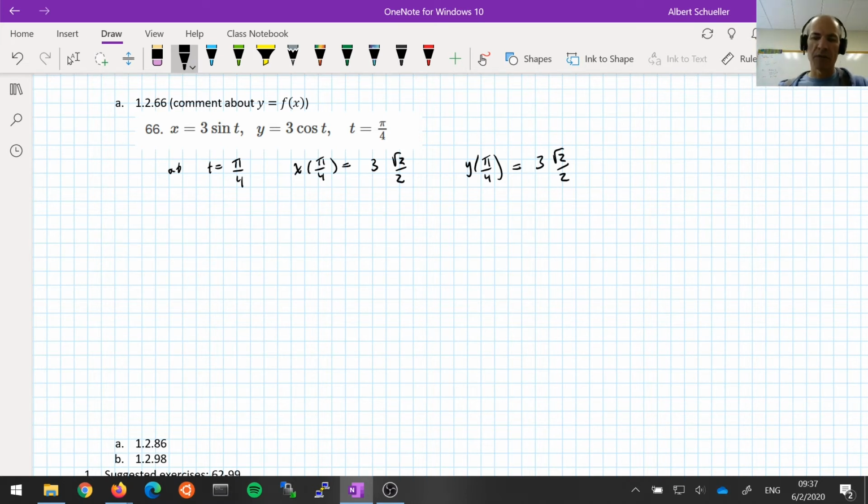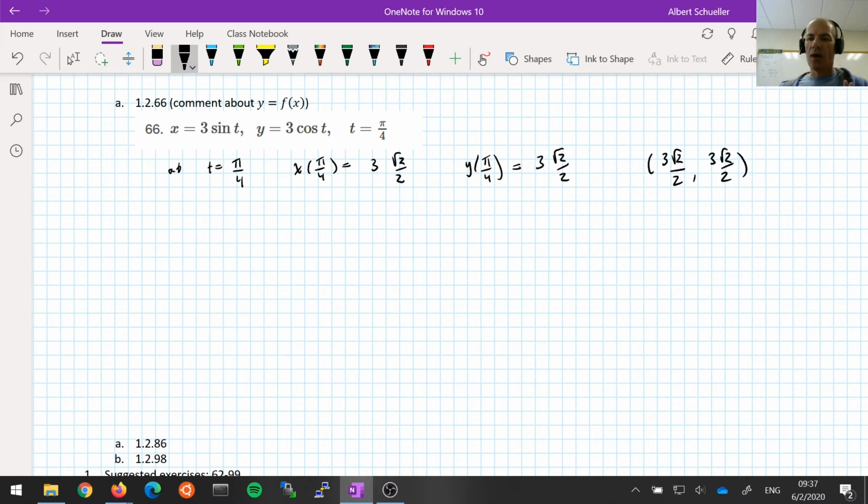Again, got to know your trig functions. So we know that the cosine of pi over 4 is root 2 over 2, and that the sine of pi over 4 is root 2 over 2. So this is the point that the tangent line passes through.